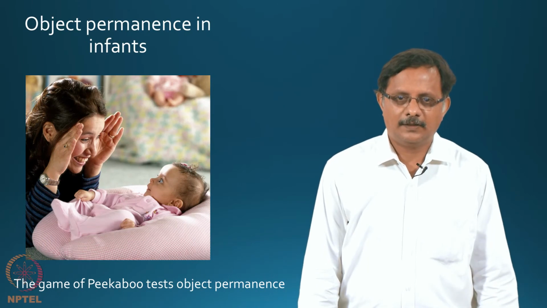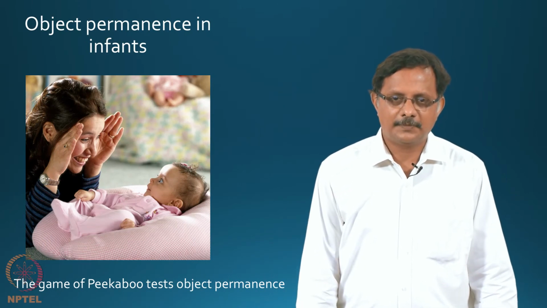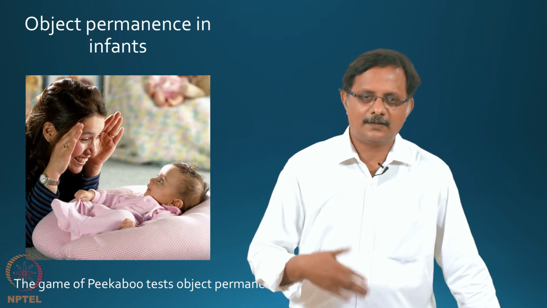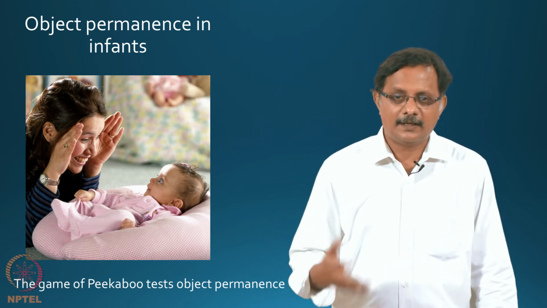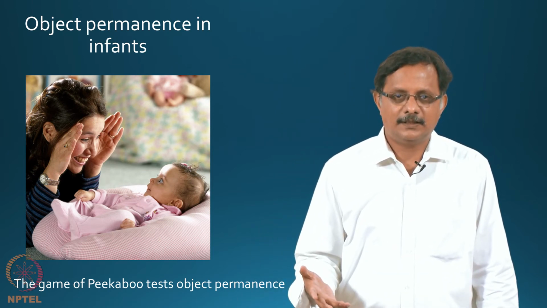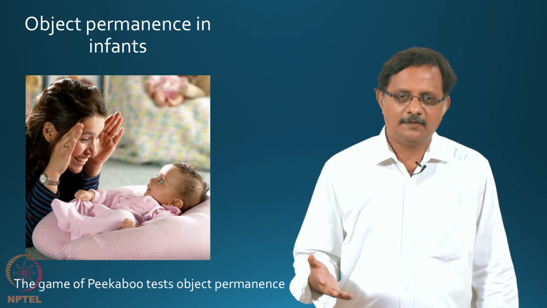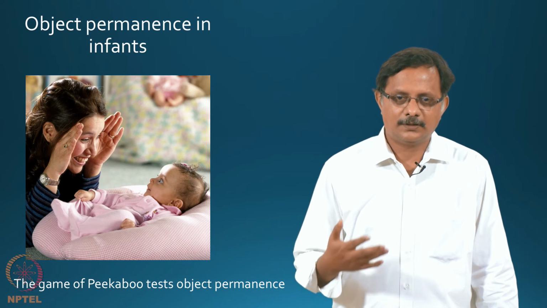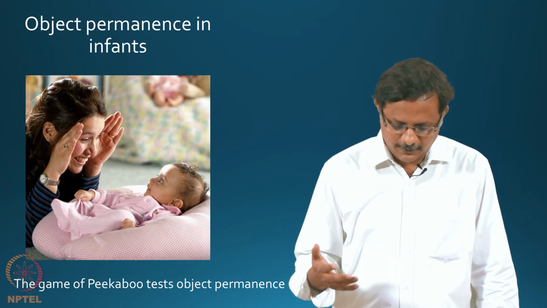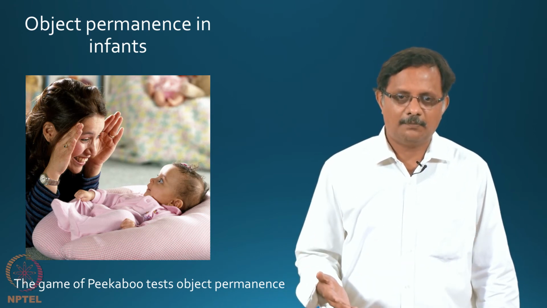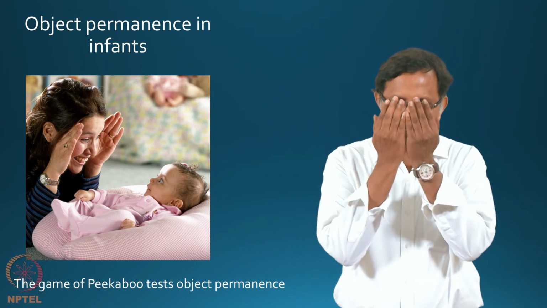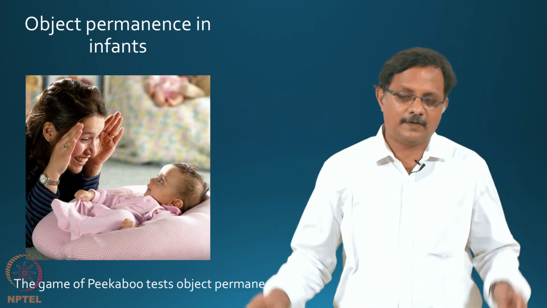In fact, when mothers play simple games with their babies, what they are testing, or maybe triggering in the minds of the infants, is this perception of object permanence. Very young infants, maybe less than 4 months, do not understand this game. In the peekaboo game, the mother covers her face momentarily and then uncovers her face again.